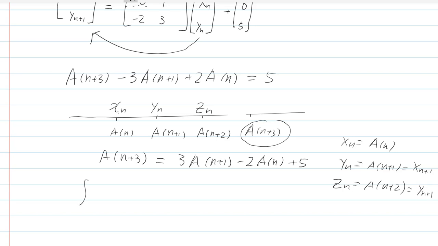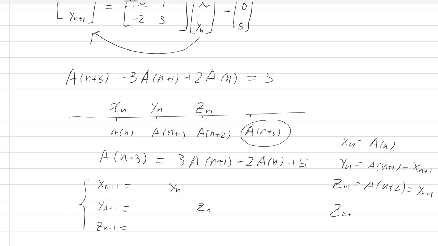Then you will see that your system becomes x_{n+1}, y_{n+1}, and z_{n+1} equal to, okay, this is going to be y_n, I'm going to put in the middle, and then y_{n+1} is z_n, I'm going to put at the last, and z_{n+1}, that's a_{n+2}.